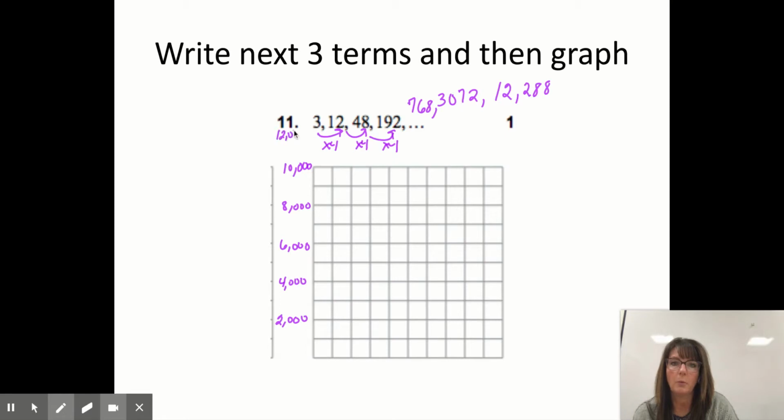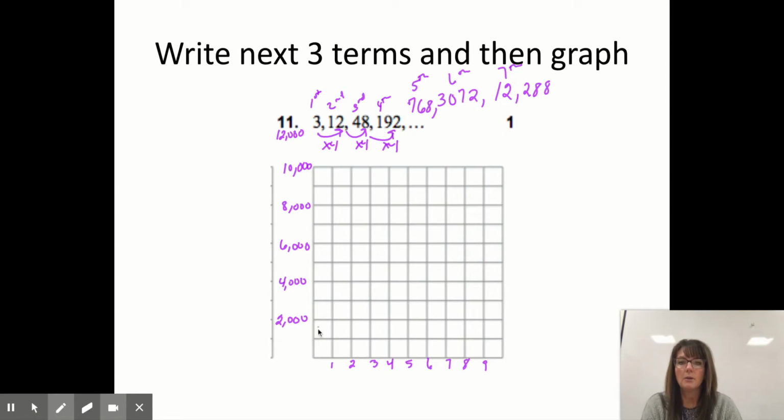And then we're going to use this as positions. X is our positions: first position, second position, third in the sequence, fourth in the sequence, fifth, sixth, seventh, eighth, ninth. And this is our first, second, third, fourth. So we have fifth, sixth, and seventh.